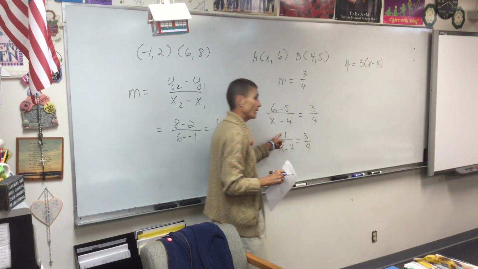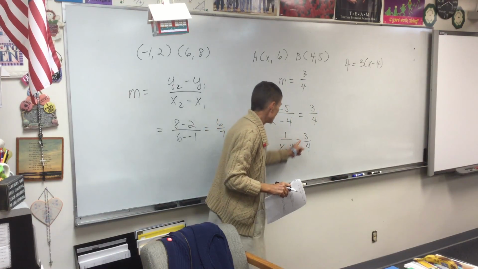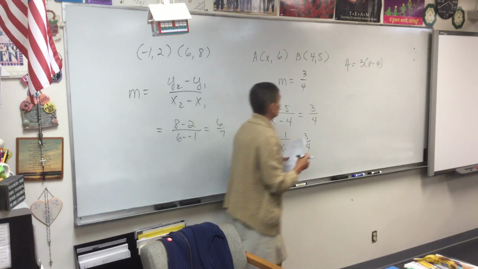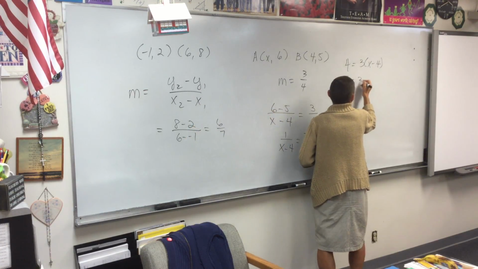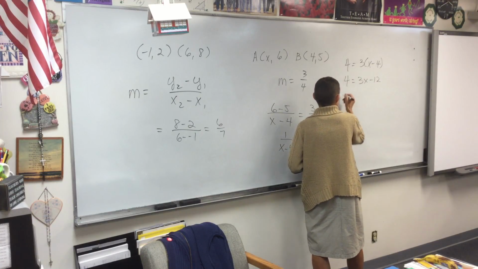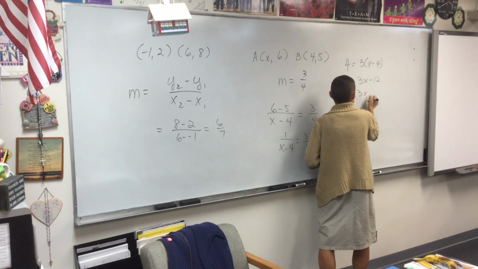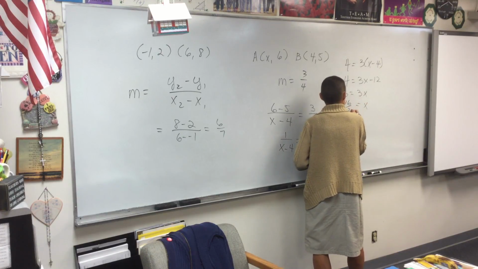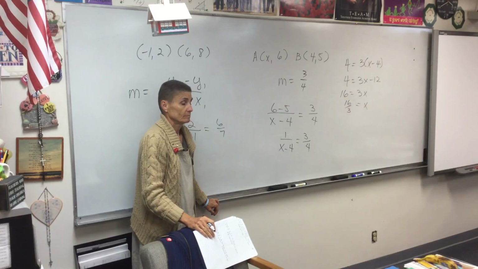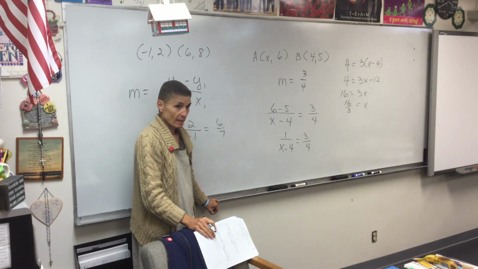So 4 equals 3x minus 12. 16 equals 3x and x equals 16 thirds. What do you think about that? Is that okay?